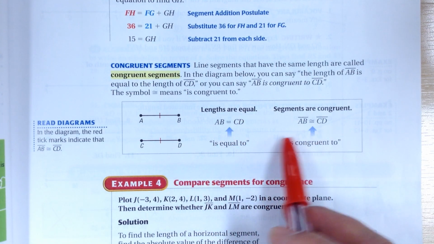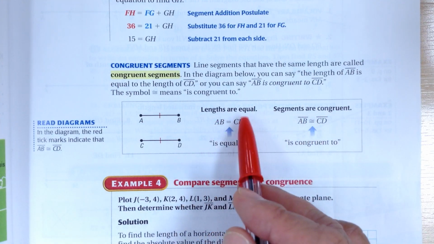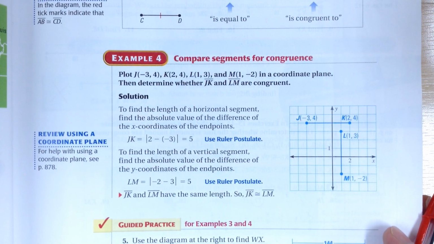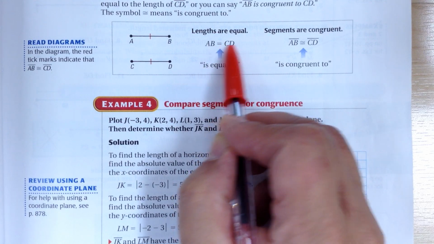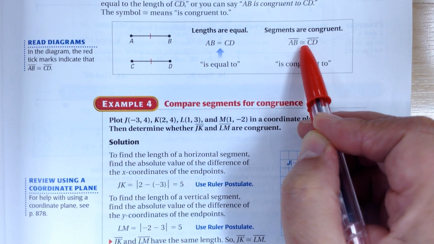When they are congruent, it means they have the same shape, therefore they will have the same length. And notice the symbol. Equal has two little dashes, whereas congruent has a little wiggly line above the equal sign.